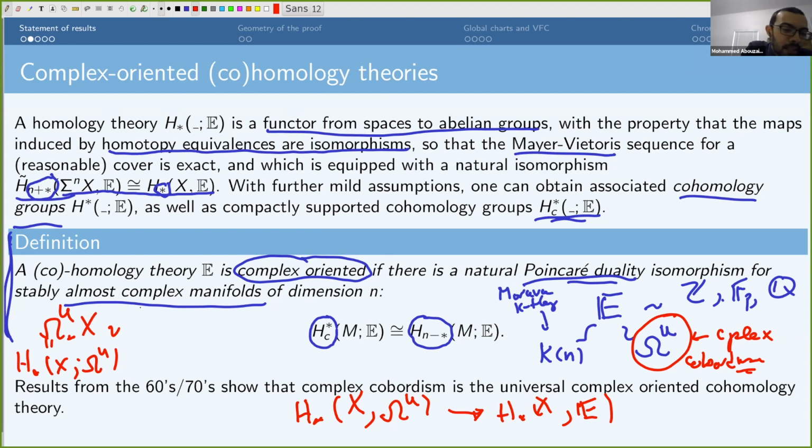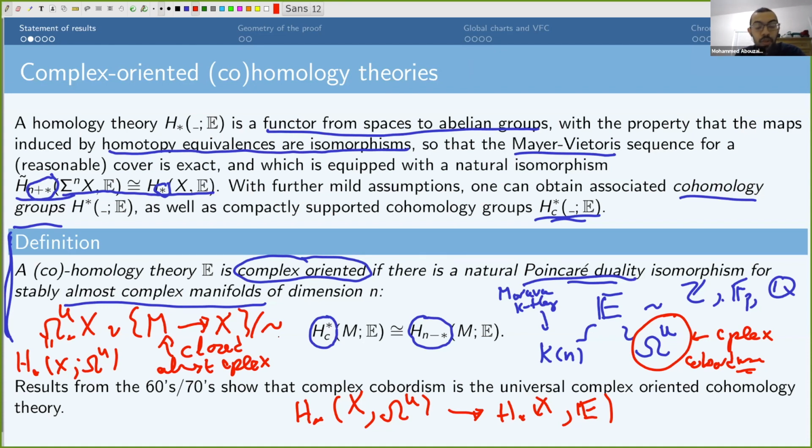So basically, you look at all maps M to X, where the domain is a compact, let me say closed, almost complex manifold. And you study them up to cobordism.